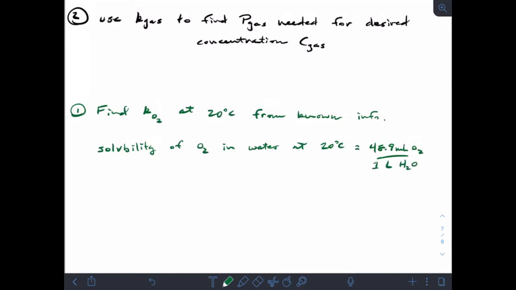And that's per 1 liter. Okay, so atmospheric pressure is just 1 atm. Okay, so the pressure of the oxygen on the surface of some water is 1 atmosphere of O2.